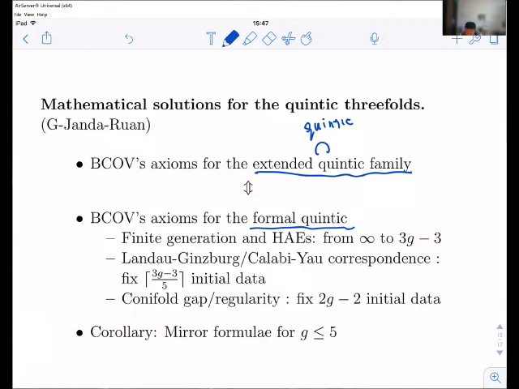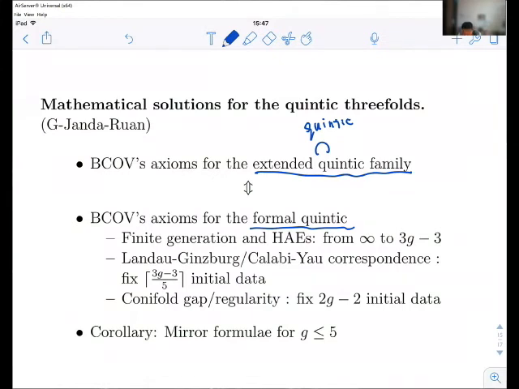In this case, in fact, we can prove something better. This is the so-called Landau-Ginzburg/Calabi-Yau correspondence, meaning that we can really prove that this geometric theory has a correspondence with the so-called quantum singularity theory. Anyway, this will fix the 3 minus 3 over 5 data, as we mentioned.